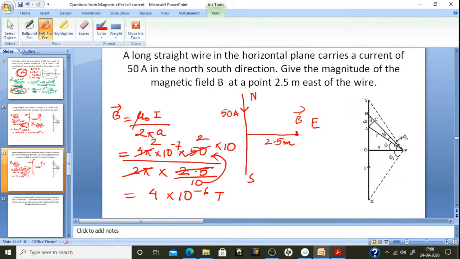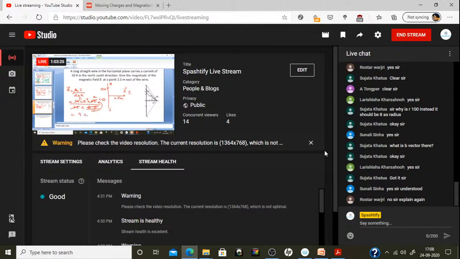Yes or no, is it clear? Maths part I think you can do, just try to understand how the formula comes and all that. Which part are you asking me to explain again?